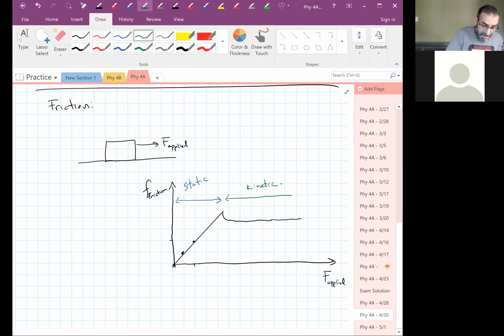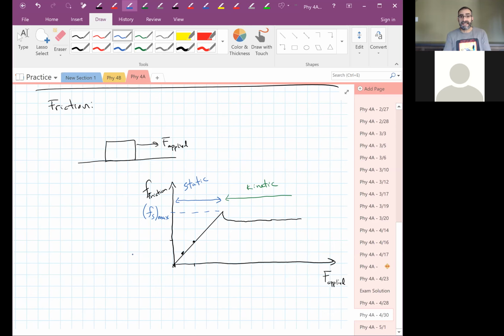Okay, so this we're going to call the static friction maximum. Static friction changes. It can be 0 and it can increase, but it has some maximum value that it can't go beyond. And that number we can calculate.